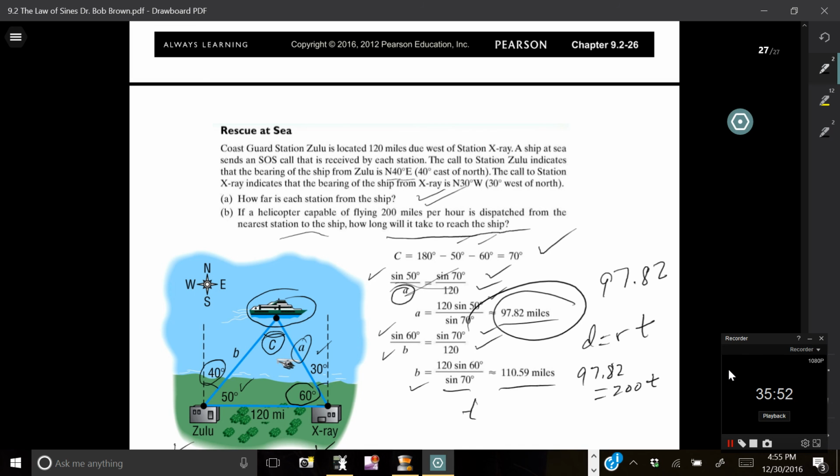So the time would be 97.82 divided by 200, which would be 0.4891 hours. And that's the lesson for today.